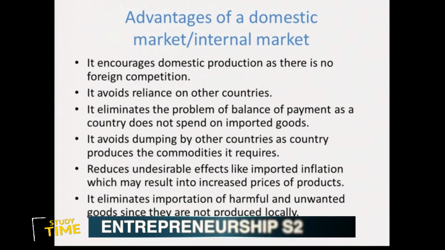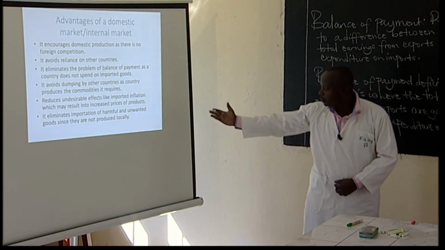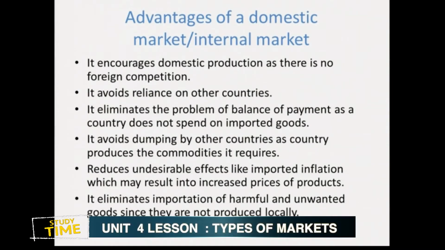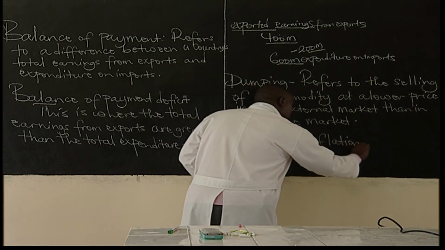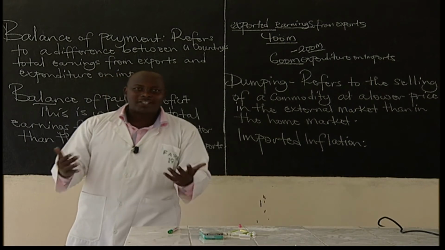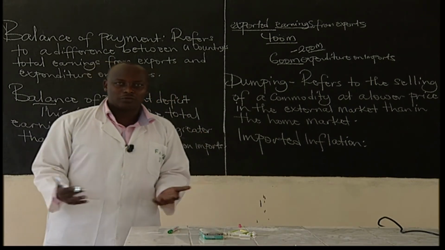The next benefit of an internal market is that it reduces undesirable effects like imported inflation, which may result in increased prices of products. Now, what we call imported inflation, learners: inflation is a continuous rise in the prices of goods and services within a country.